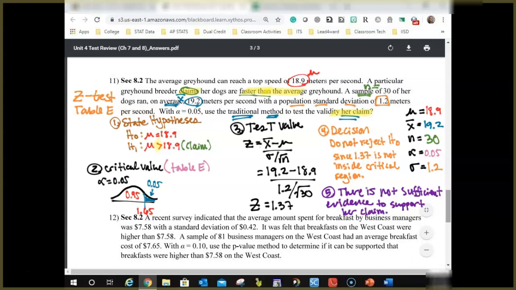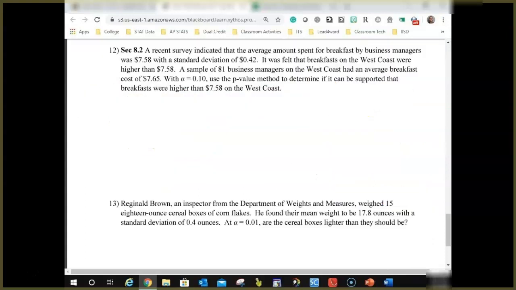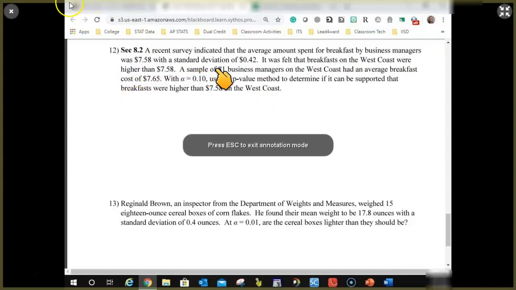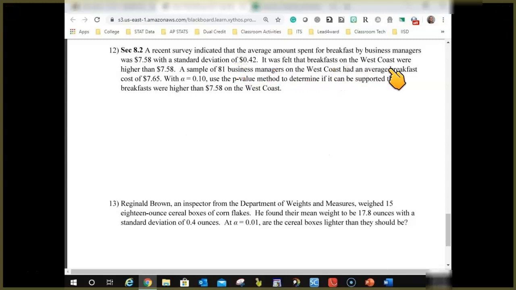Let's look at another hypothesis test here, see if we can use the p-value method now. So for number 12 in the review, it says a recent study indicated that the average amount spent for breakfast by business managers was $7.58 with a standard deviation of 42 cents. It was felt that breakfasts on the West Coast were higher than $7.58.